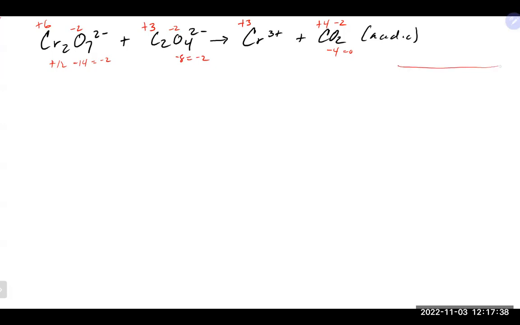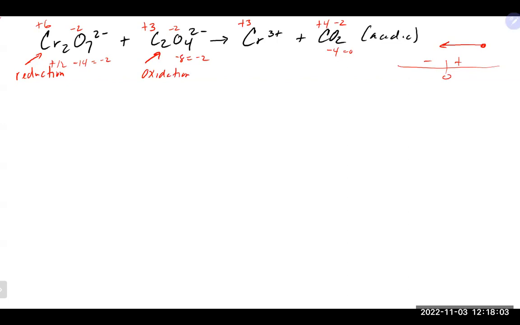Once again, if you want to do the number line approach here to maybe not think about it too much, we'll start with chromium, which is +6, and it ends at +3, which means it is moving in a negative direction, which means this guy is our reduction guy that's being reduced. By default, this would mean that this is the oxidation, or the thing being oxidized.